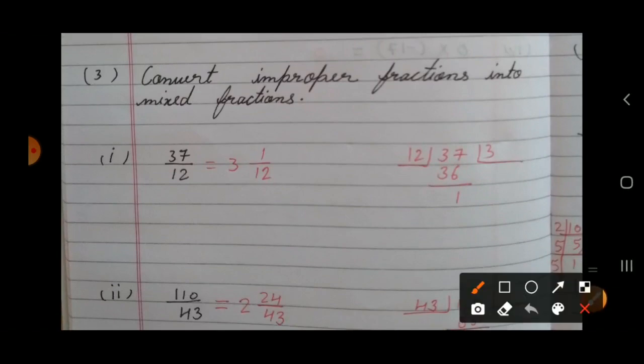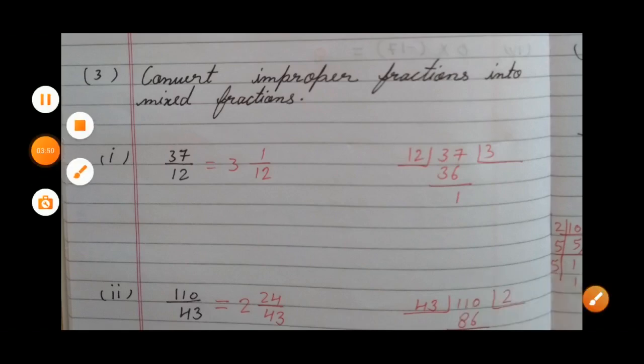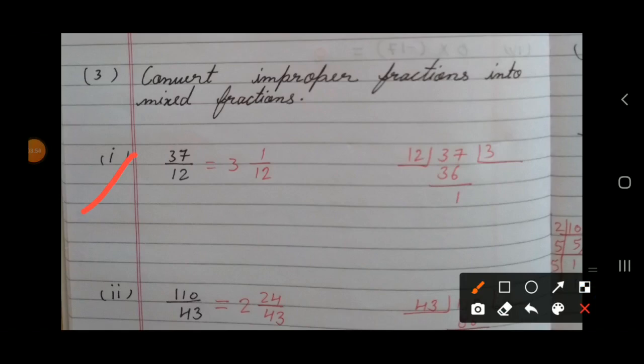Question number 3 is here, convert improper fraction into mixed fraction. In first part, 37 upon 12. 12 is your divisor and 37 dividend. On division, what are you getting? 3 quotient and 1 as a remainder.